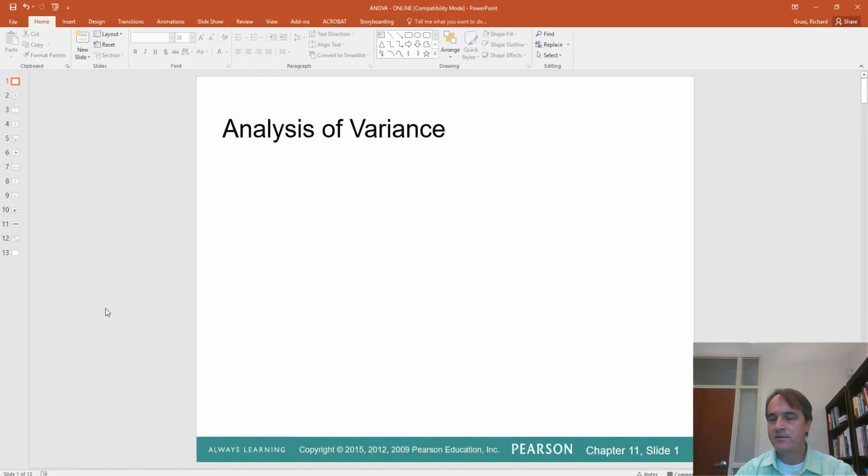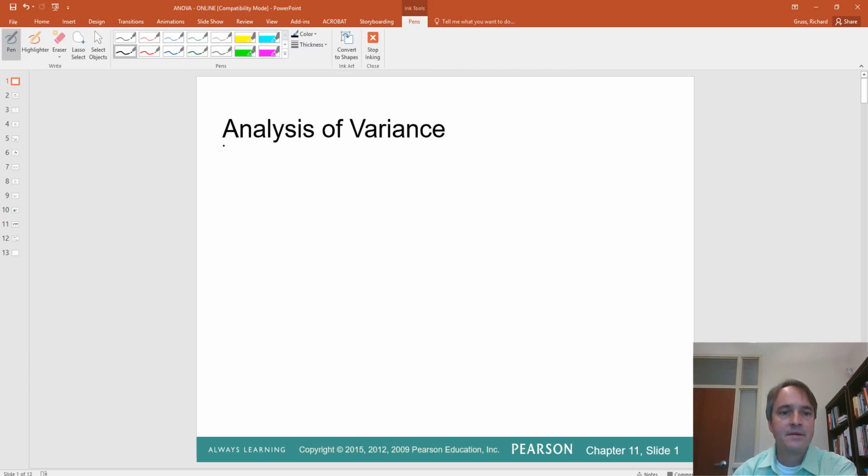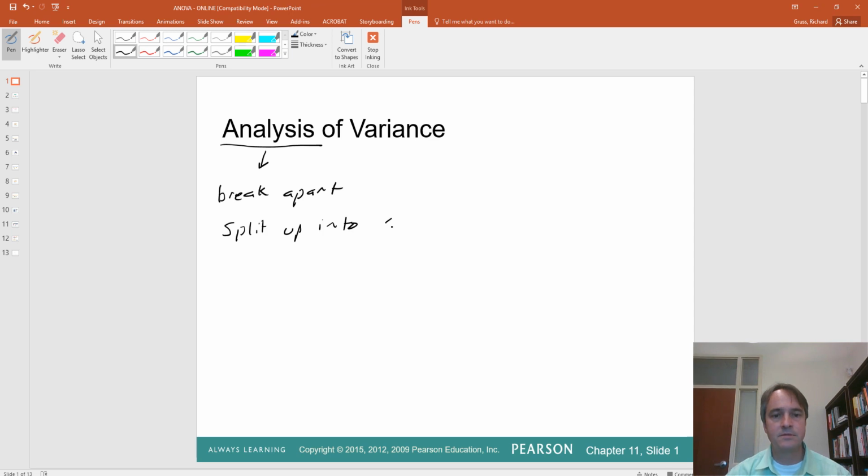Now, the analysis part of this. The word analysis has lots of more general meanings, but the original definition of analysis really just means to break apart. I don't know if you knew that, but the origin of the word is to split something into its components.